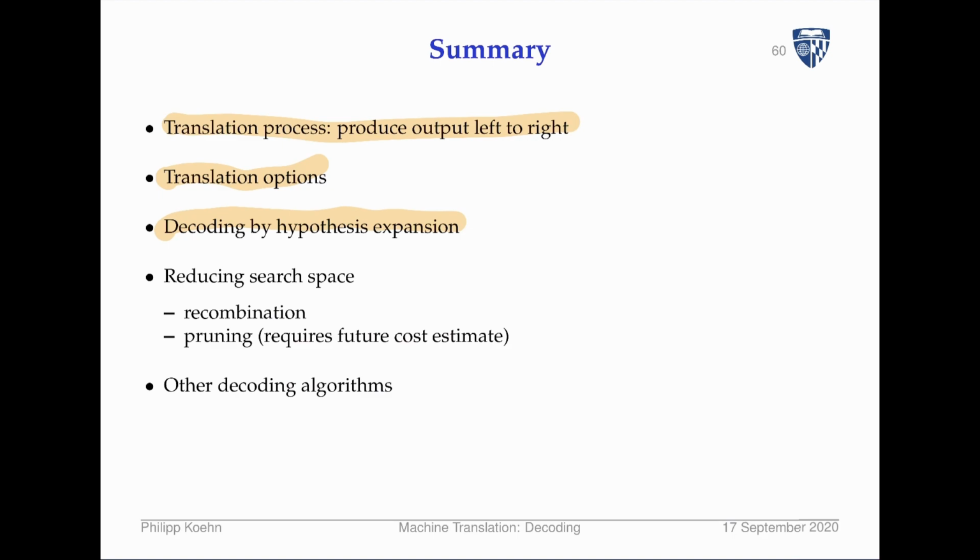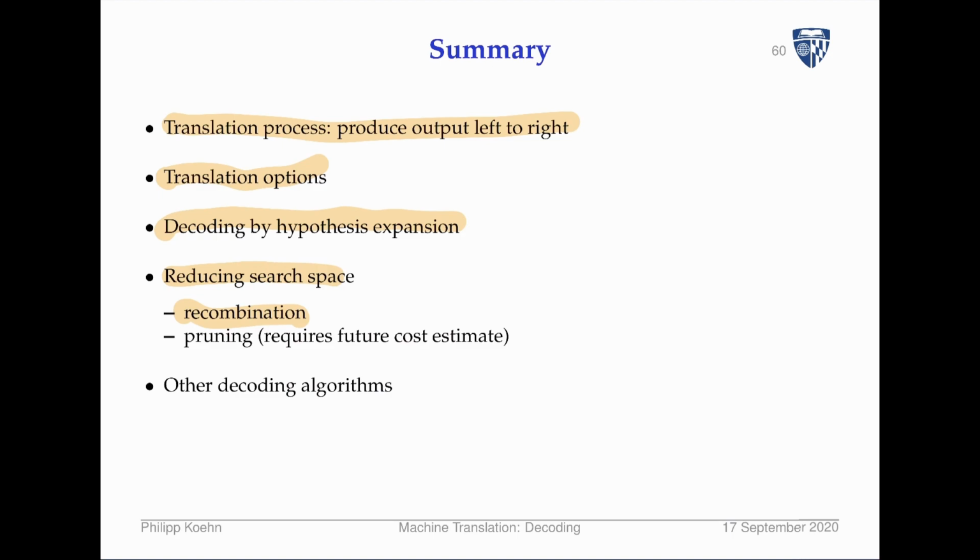And then we had 2 basic methods to reduce the search space. One was recombination. If there are identical hypotheses in terms of output words they've produced and source words they covered, we can throw one of them away. And the other one was a bit fancier, which also looks at what actually impacts future scoring, so we can throw away even more.